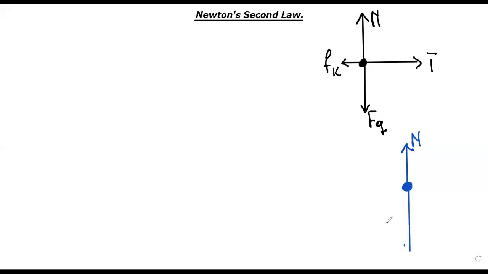Why? Because there is a vertical component of the applied force, which if we add to the normal force, the sum will be equal to the gravitational force. Then you'll say, this is what you have. And then you'll say, this is your F applied.